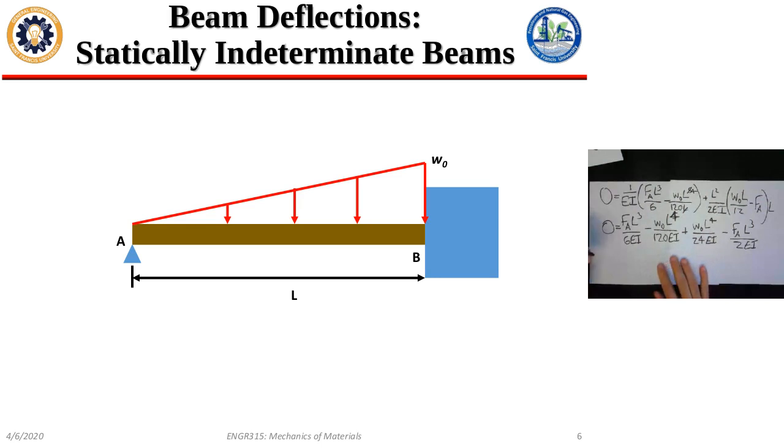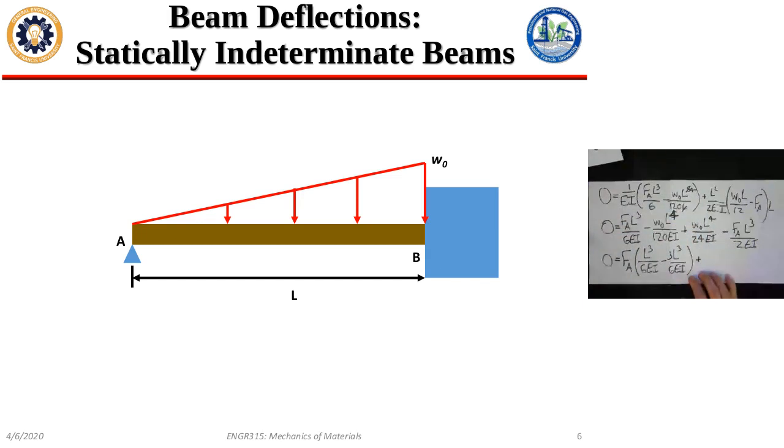So let's see. If I put my FAs together, it's like FA times L cubed over 6 EI minus L cubed over 2, which is like 3/6, EI plus, let's see, 24 goes into 120 five times.